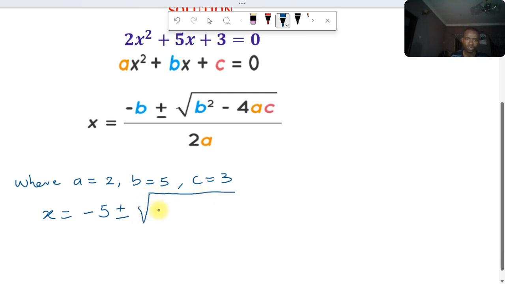Square root of b squared, that is 5 squared, minus 4ac, where a is 2, multiplied by 3, which is c. All of that over 2a, and our a is 2.